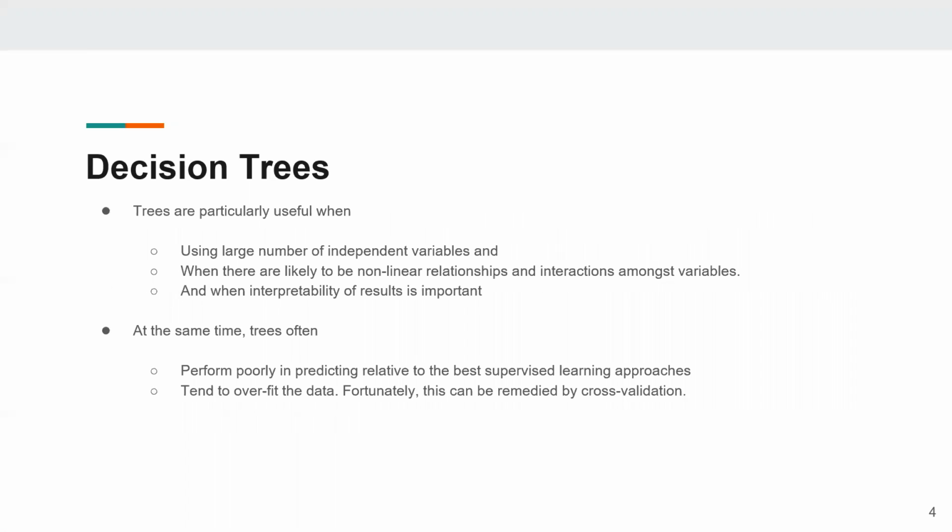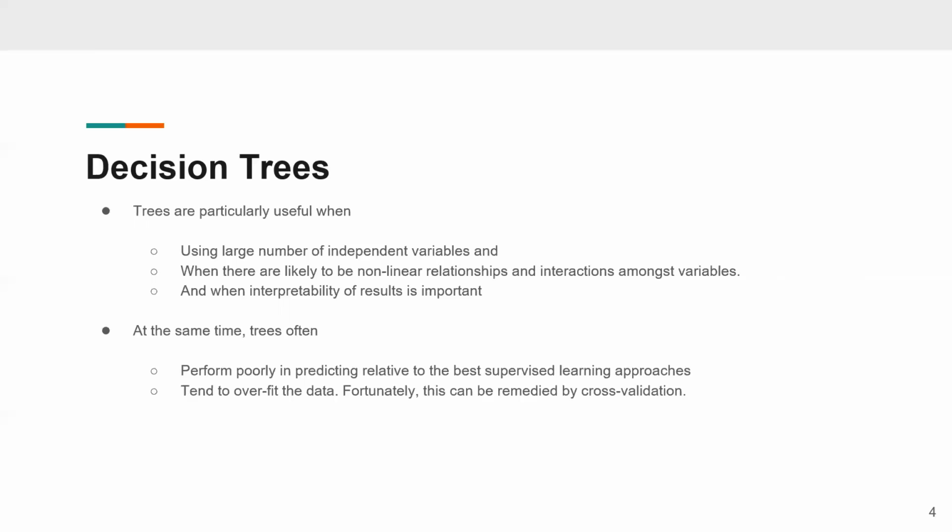So let's look at decision trees. Trees are particularly useful when using a large number of independent variables, when there are likely to be nonlinear relationships and interactions amongst variables, and when interpretability of results is important, because decision trees are easy to interpret.